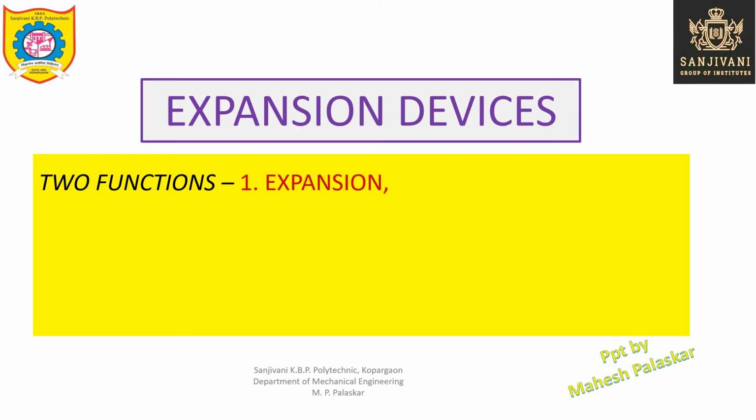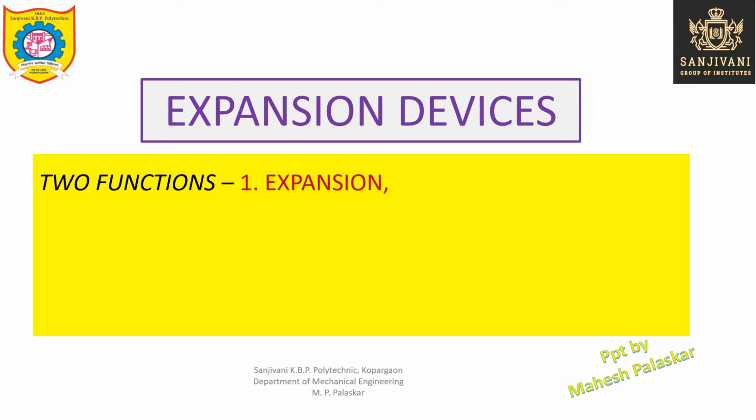First one is the expansion, that is the reduction in the pressure. So the pressure decreases in the expansion devices as the refrigerant flows through the expansion devices. So this is one important function of the expansion devices in the refrigerating machines.